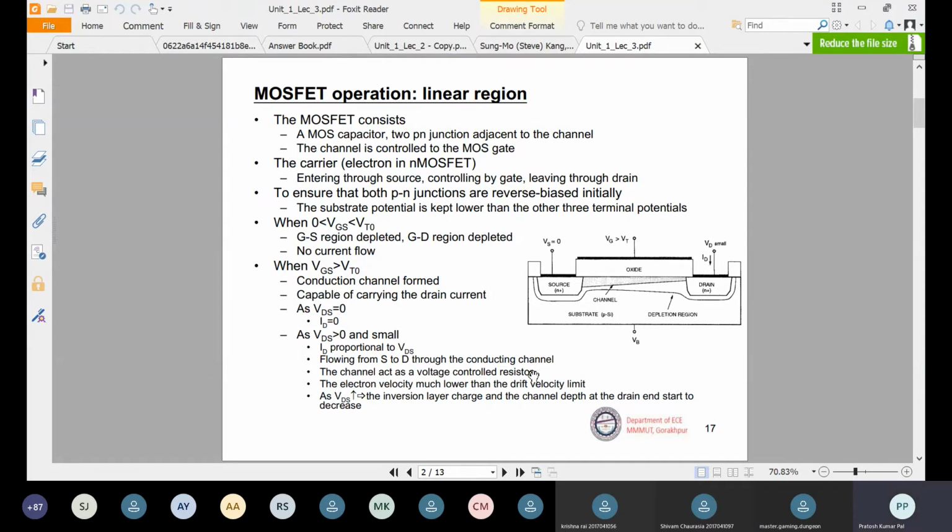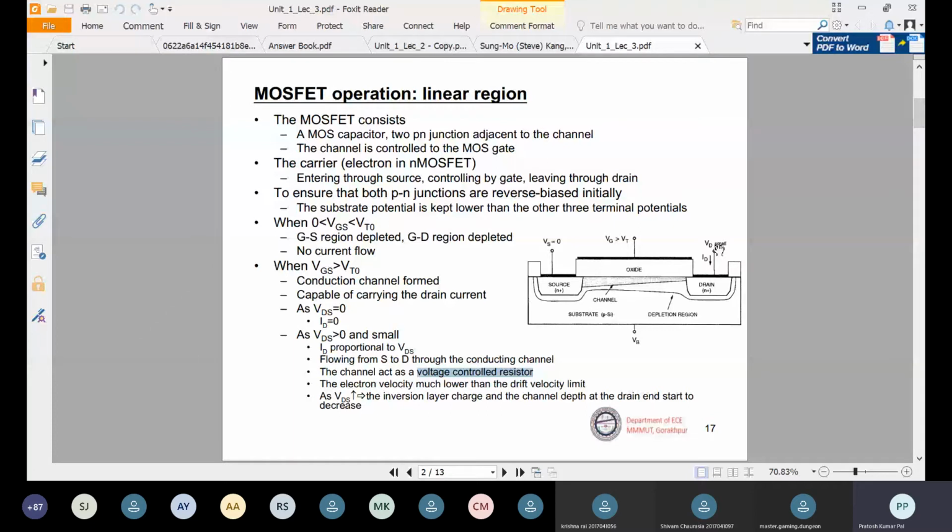That means the output characteristic, its current versus voltage plot, will show a linear behavior. At that condition, the gate voltage is higher than the threshold voltage and as we increase the drain voltage, the channel region acts as a voltage controlled resistor.